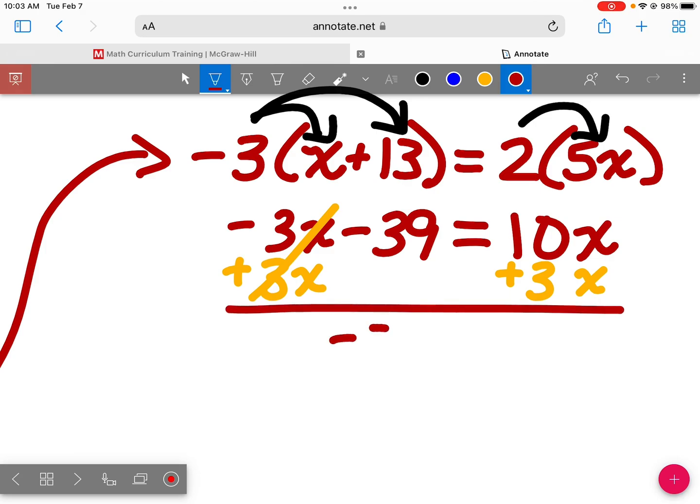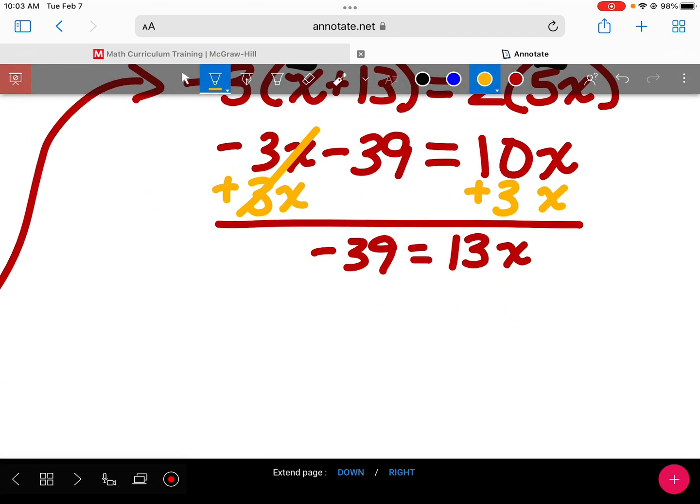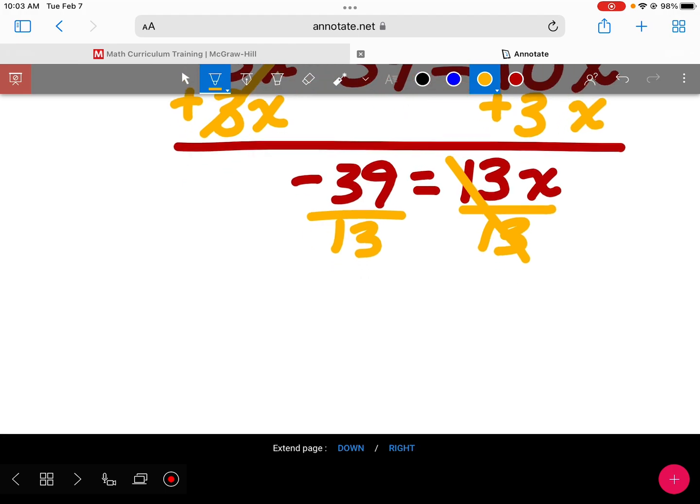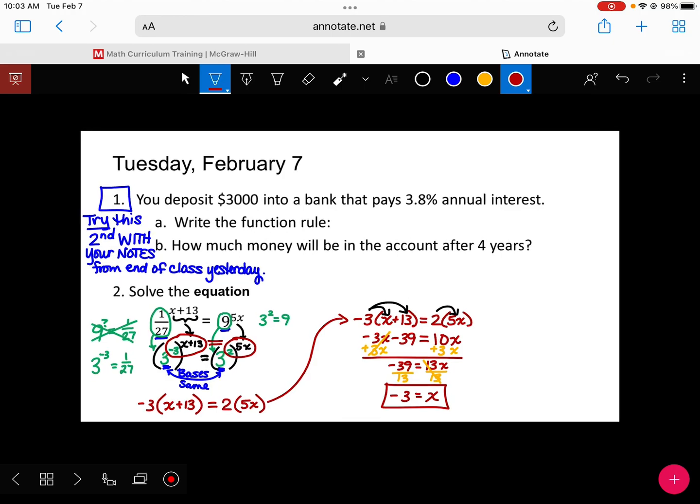So I would have negative 39 equals 13x. Last step I need to take to get x all by itself. We're going to divide both sides by 13. What is negative 39 divided by 13? Negative 3. Very nice work.